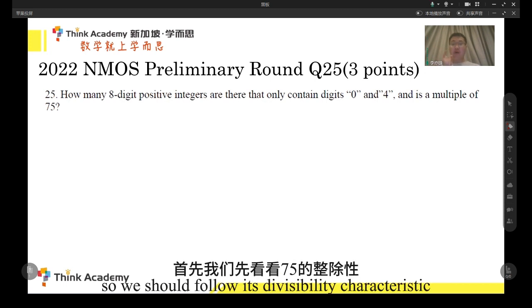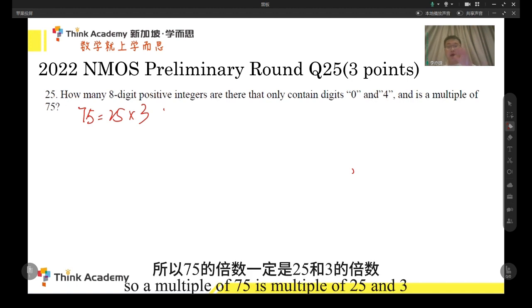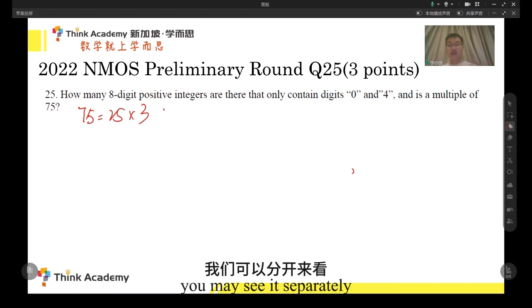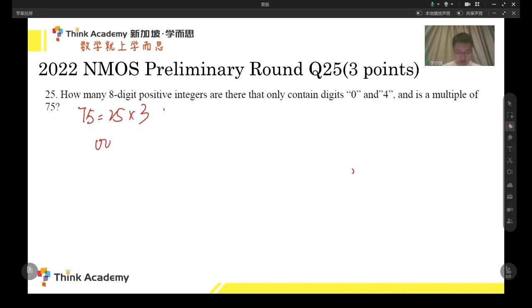So we should follow its divisibility characteristics. Now 75 is 25 times 3, so a multiple of 75 is a multiple of 25 and 3. Taking them separately, to be a multiple of 25, its last 2 digits must be a multiple of 25, which can be 00, 25, 50, and 75.